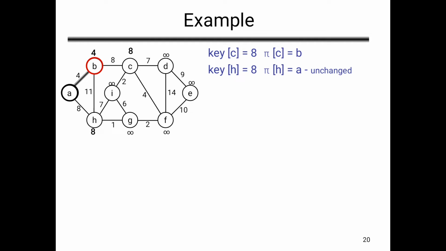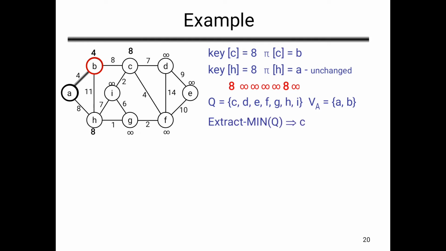B to C the cost is 8. And again C is connected to I and D. I is having the minimum weight and D is having the highest weight, that is 7. Minimum weight is for I, so consider I.